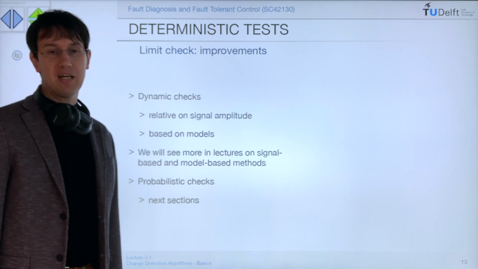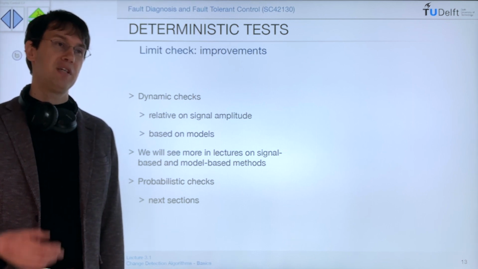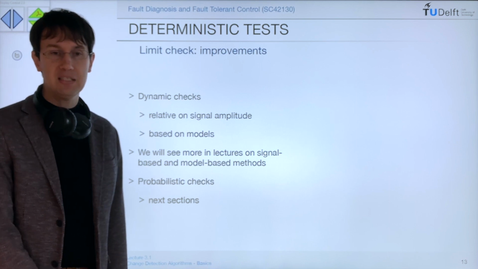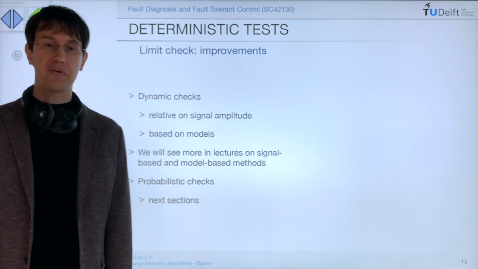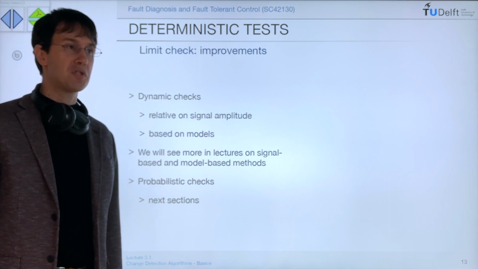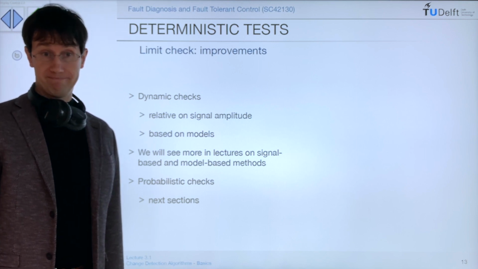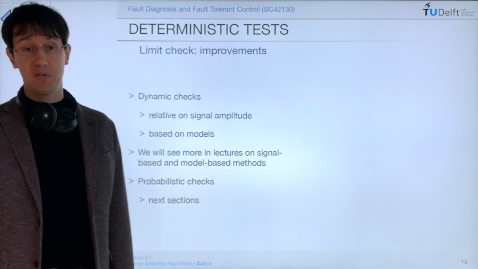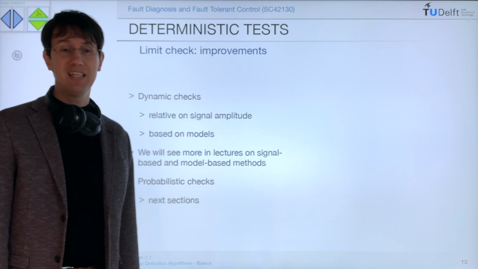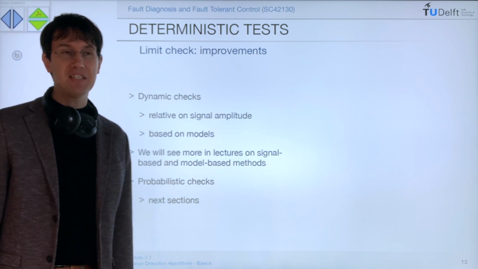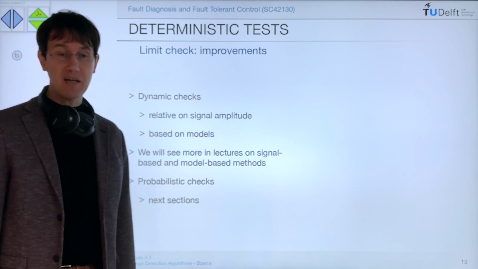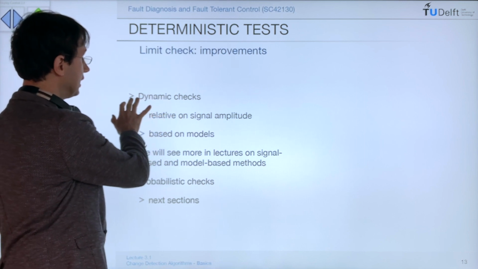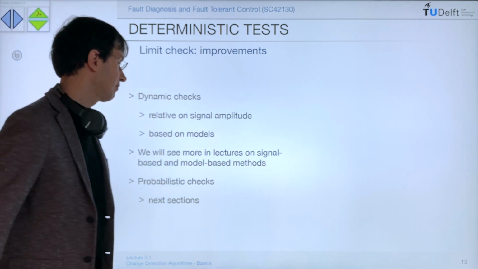For the example of the heart rate, I would like to have a limit that is good for resting, a limit that is good for running, a limit that is good for swimming, and so on. And if I have a way to tell what the patient is doing, then I can have this limit change dynamically over time. So that would be the first improvement.